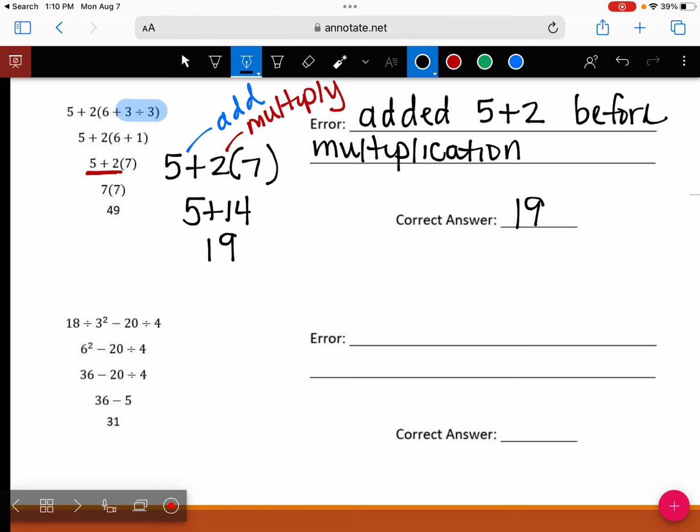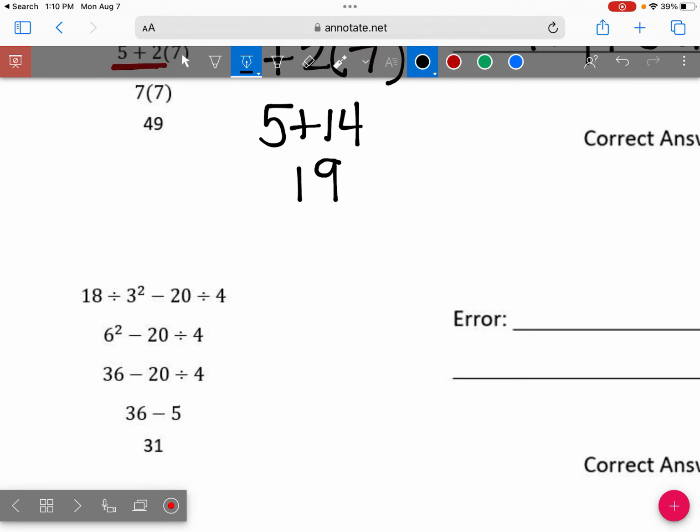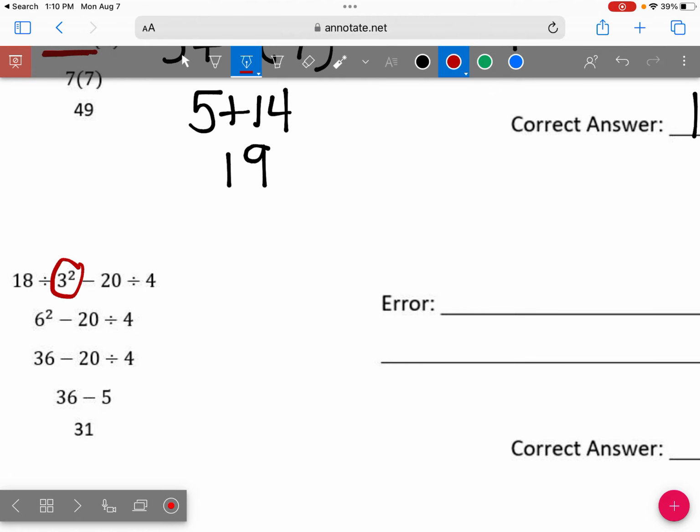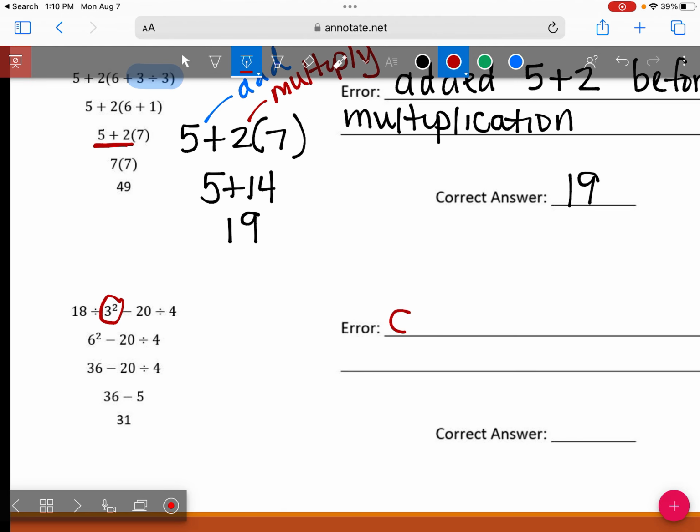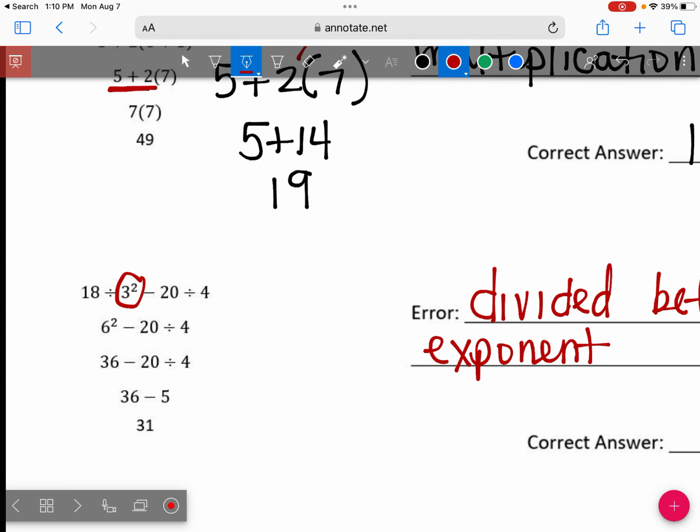So what's the mistake in this example? They divided, and what they should have done is what first? The exponent. Good job. So they should have taken care of the 3 squared. So the error is that they divided before the exponent. So now let's go ahead and do it the right way.